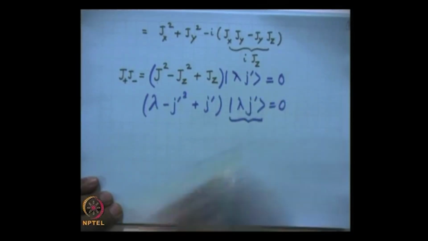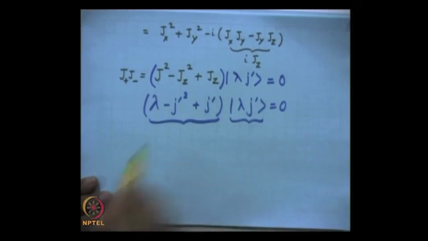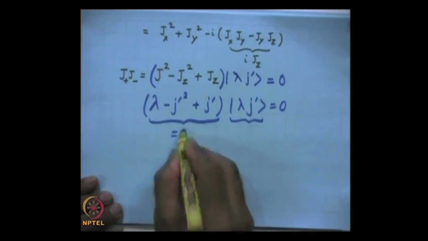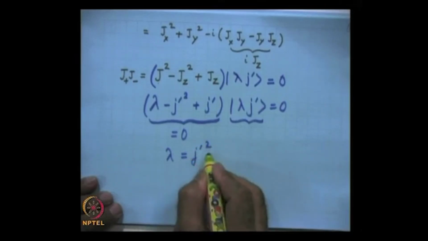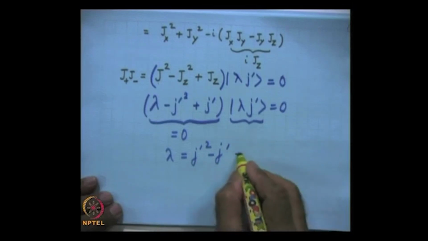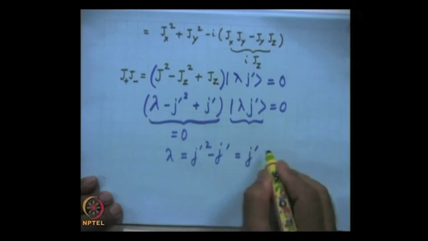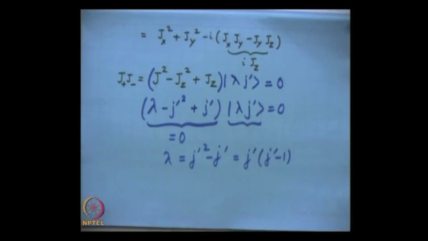This is not a null ket and this is a number now. So, this must be 0, and so therefore, lambda must be equal to j prime square minus j prime. So, this will be equal to j prime into j prime minus 1.